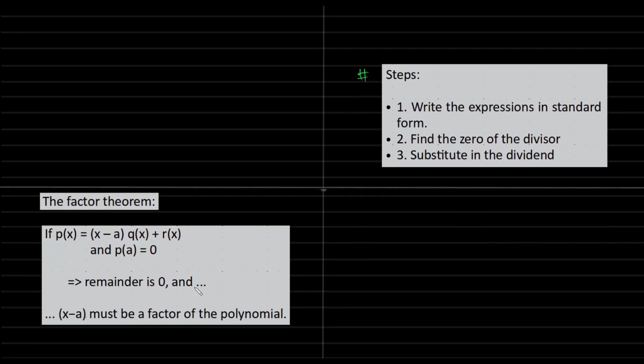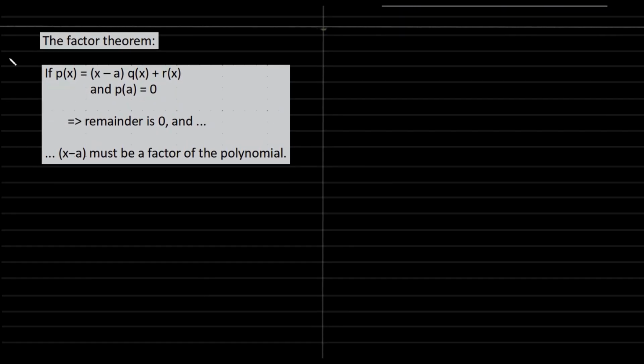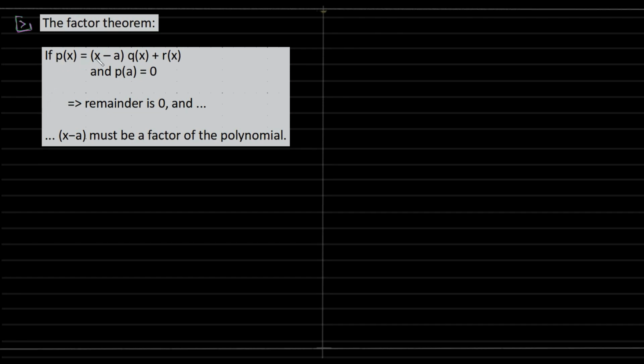Okay. Extended form of this particular theorem is your factor theorem. So factor theorem talks about this. If we do the division and at the end of it, the remainder happens to be 0, then the one which divided is a factor of the polynomial. I'll explain it this way.